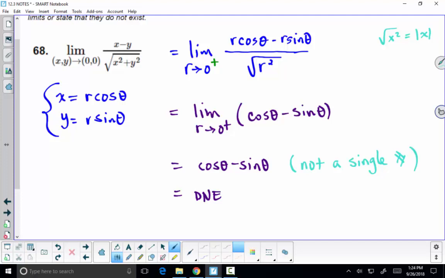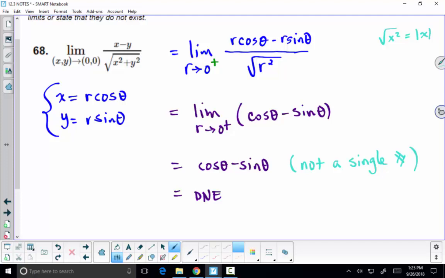So that's another way you could approach it. First assume r is positive, then assume r is negative, and you'll still get the same DNE. And if you just dropped the plus and went straight through, the square root of r squared, if r is negative, is going to be minus r. So you end up with negative cosine plus sine, but again there's no number it's approaching, so you'd still conclude DNE.